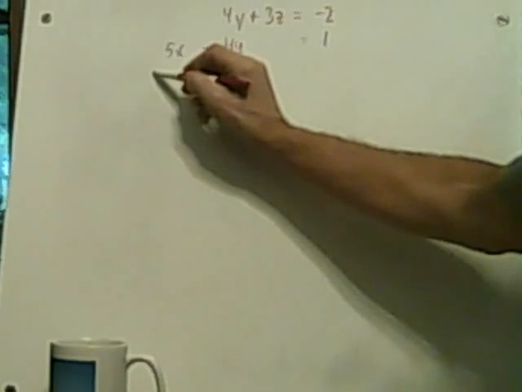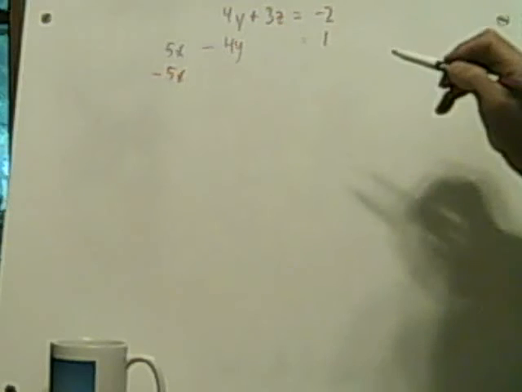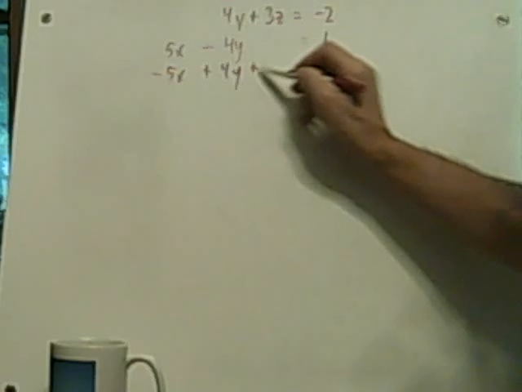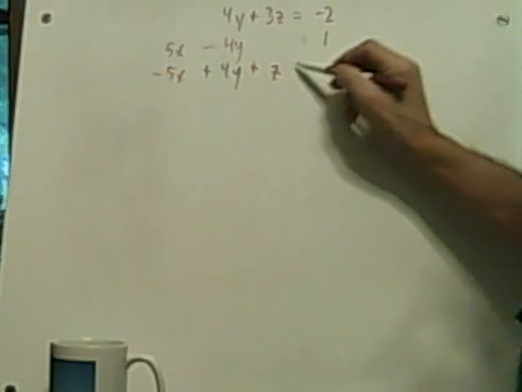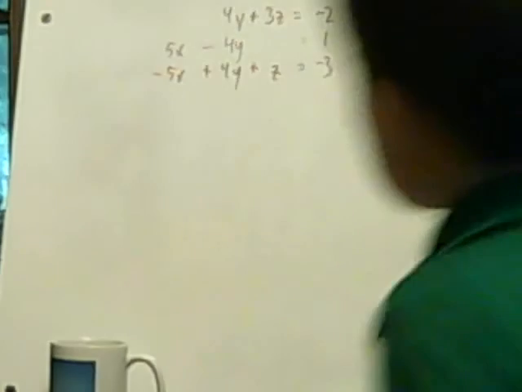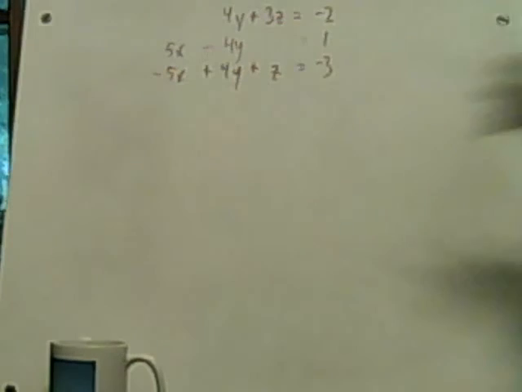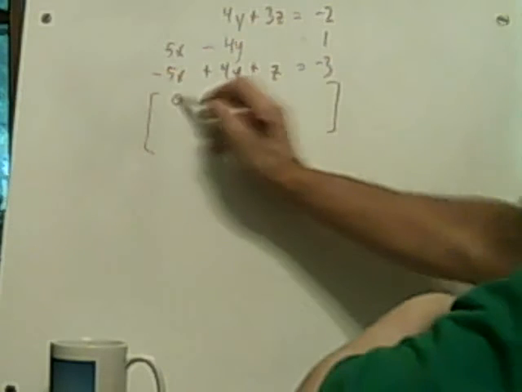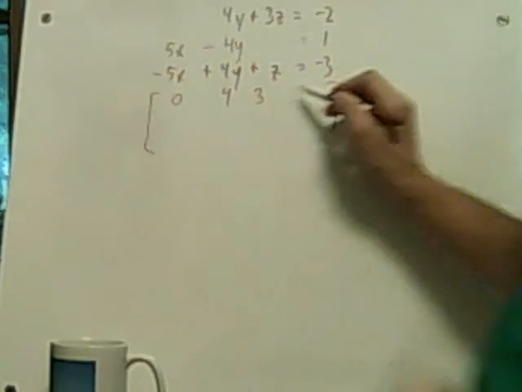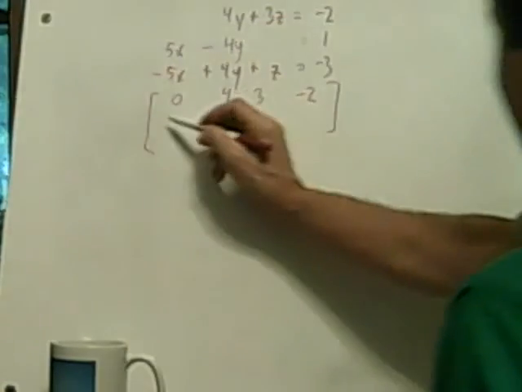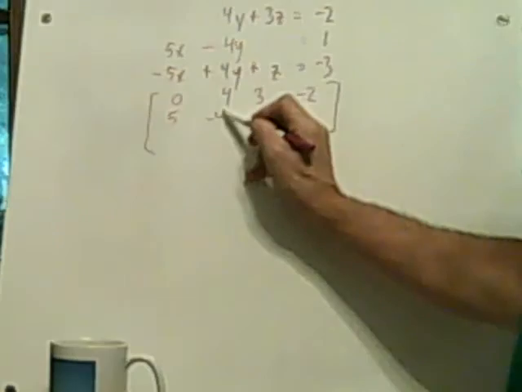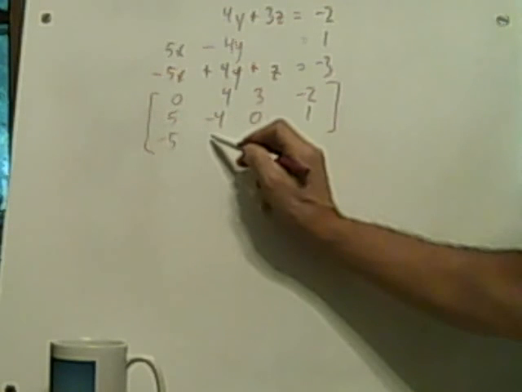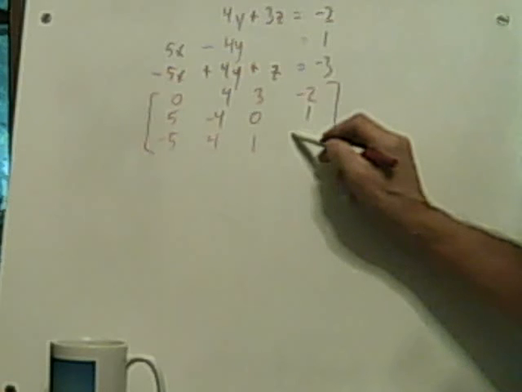The third equation is negative 5x plus 4y plus z is equal to negative 3. Okay? So in terms of matrices, when we look at the coefficients, it's going to be a 0, a 4, a 3, a negative 2 on the first equation. For the second equation, it's 5, negative 4, 0, and 1. On the third equation, it's negative 5, 4, 1, and negative 3.